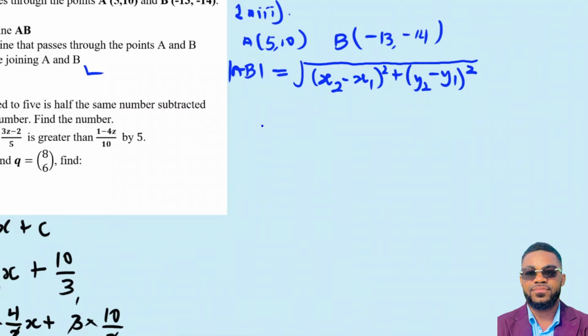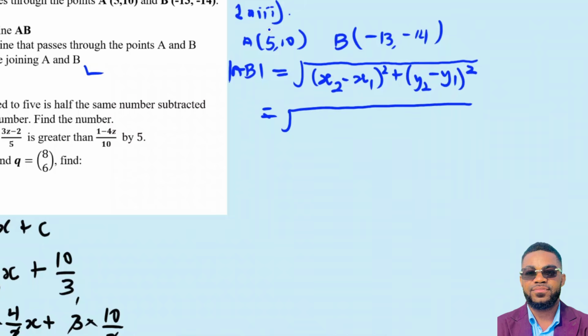So this is the formula that we are going to use. You have to remember this formula. That's the formula that we use to find the length of the line joining 2 points. So now let's do our substitutions, simplify, then we get our final answer.